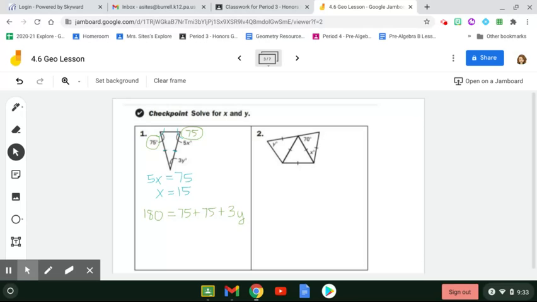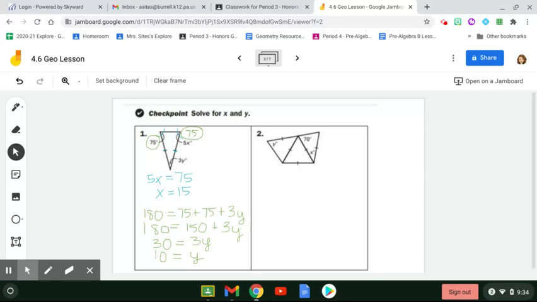I know 75 and 75 add up to 150. I'm going to bring down the 3y and take off the 150. So that means I'm going to have 30 left over, and that's going to equal 3y. And then when I divide both sides by 3, I'm going to get my answer for y to be 10.